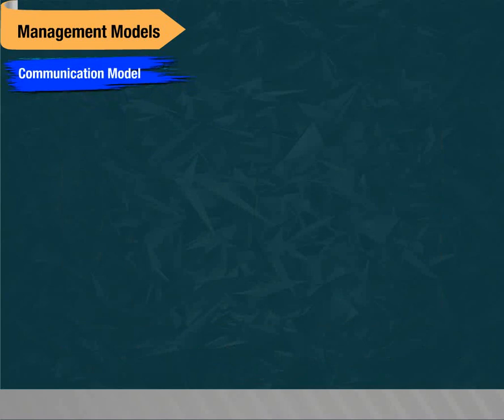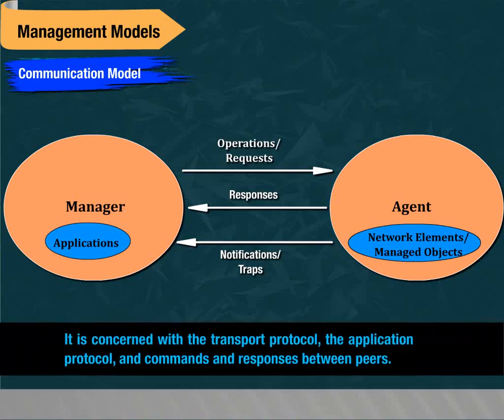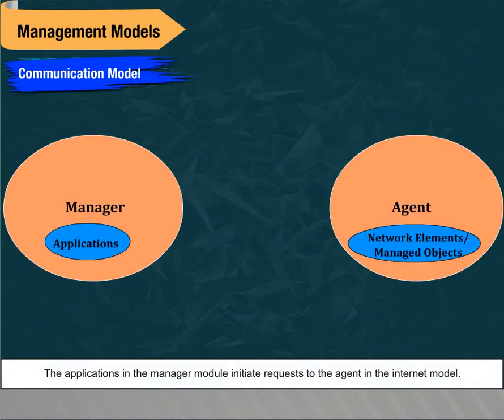Communication model. The communication model deals with how the management data is communicated between the agent and manager process. It is concerned with the transport protocol, the application protocol, and commands and responses between peers. The applications in the manager module initiate requests to the agent in the Internet model.